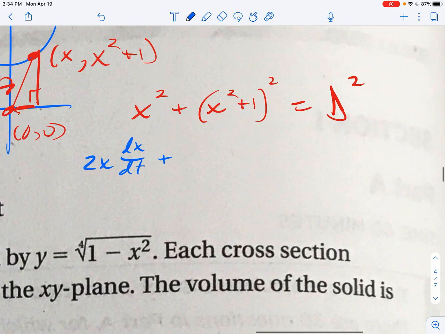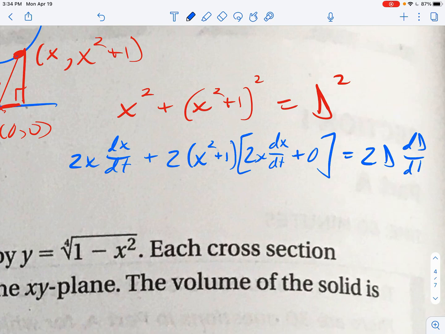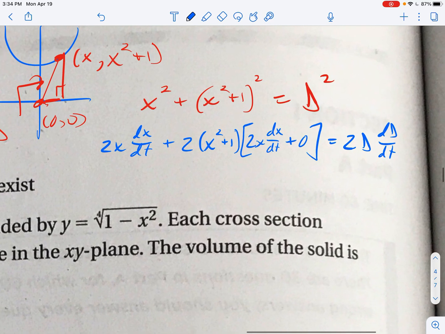My derivative here would be 2 times x squared plus 1 times, by the chain rule, the derivative inside, which is 2 times x times dx dt times 0. And then here we have 2 times d times dd dt. It's a little awkward, I'm saying capital D for distance.